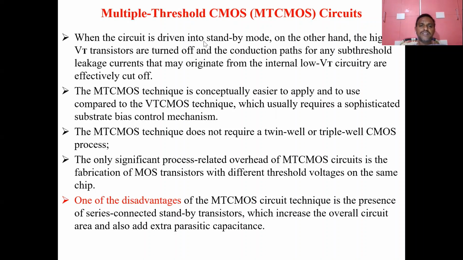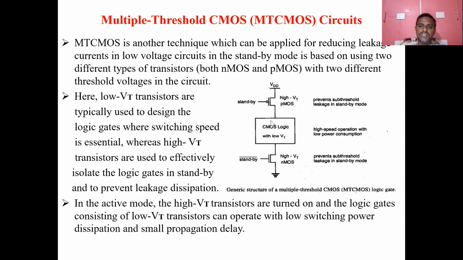So when this CMOS logic circuit is driven into the standby mode, automatically this high threshold voltage NMOS and PMOS will go into the off condition. Both in the off condition means there is no operation taking place. There is no power consumption taking place in this CMOS logic circuit. Like that, we can reduce our power.